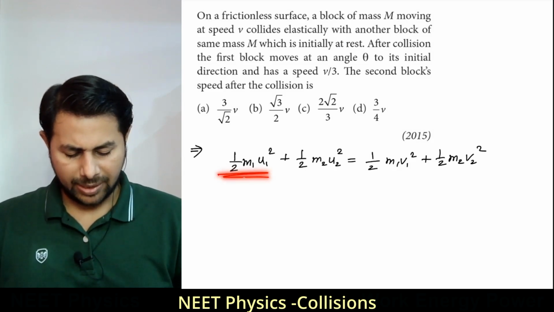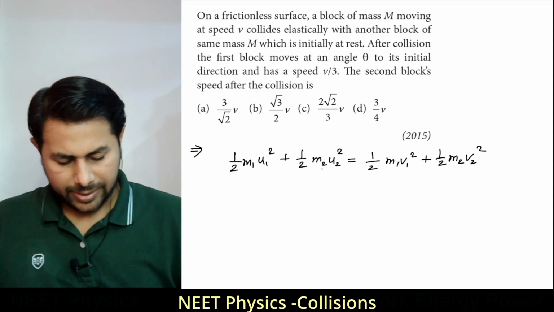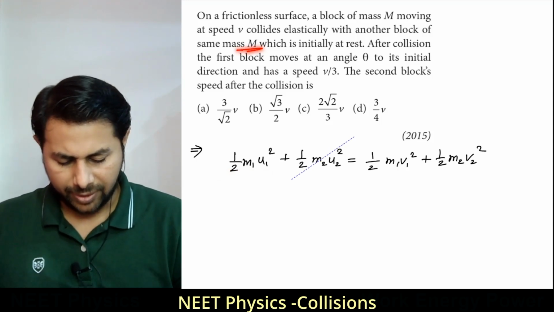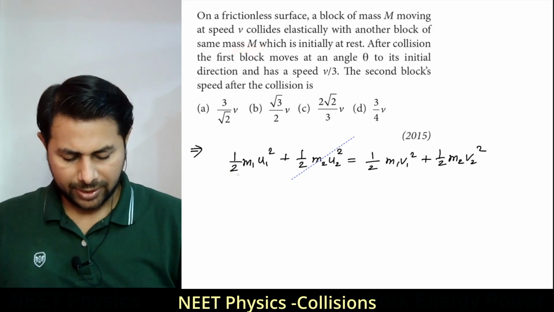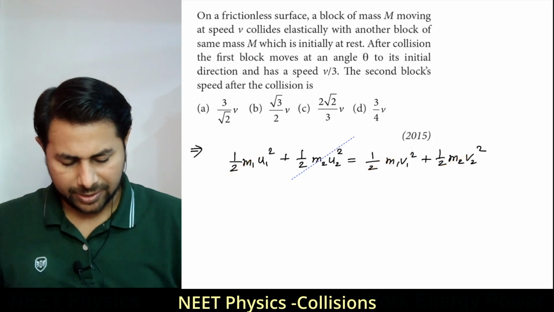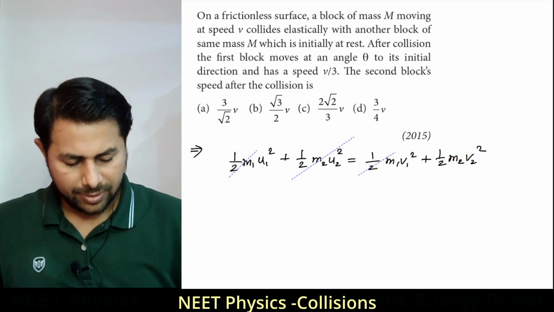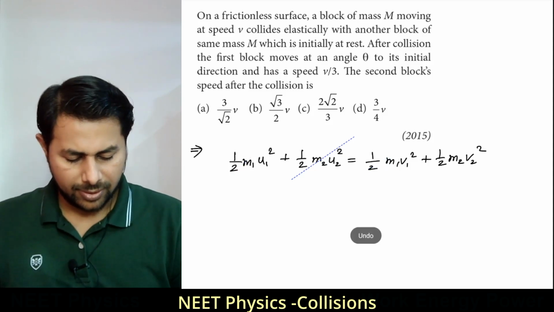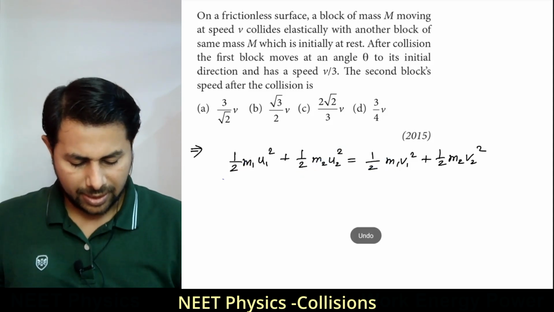So half m1 u1 square. The second term is 0 because u2 is equal to 0, and it's given that masses are equal. So mass is m only. So you can just cancel out half m everywhere because mass is equal, right?